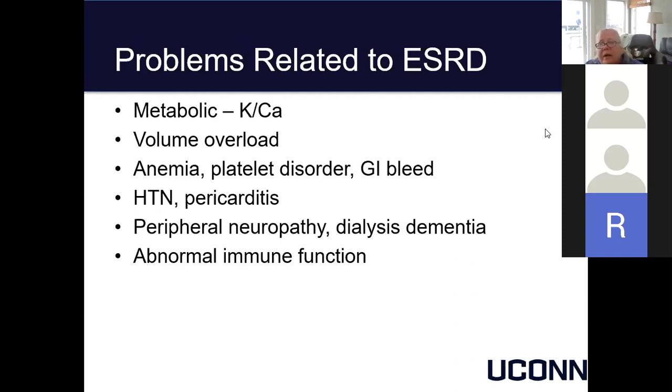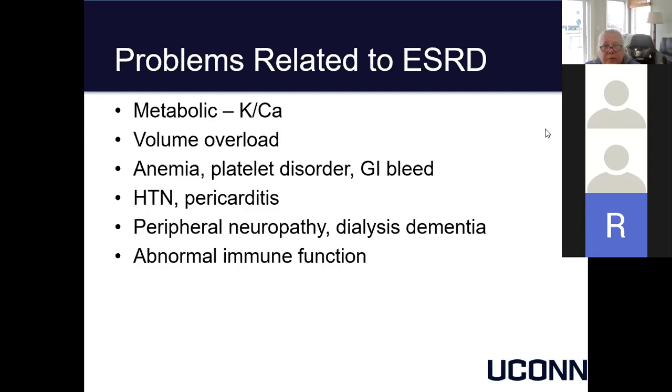So again, we worry about potassium in particular, calcium, fluid management, the anemias that come with chronic kidney disease, hypertension. As fluid builds up, it not only ends up in the lungs, in the periphery and all, but you get a lot of pericardial effusions, you get a lot of pleural effusions, and you end up with a higher incidence of pericarditis, which is inflammation of the pericardial sac, which further complicates cardiac function.